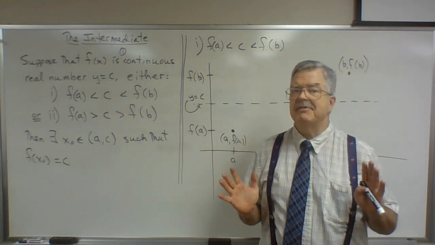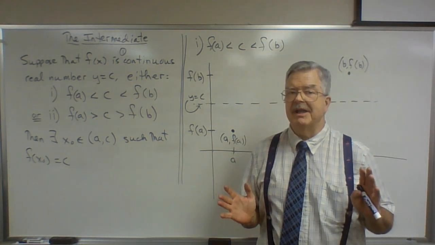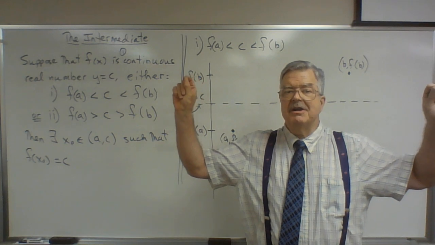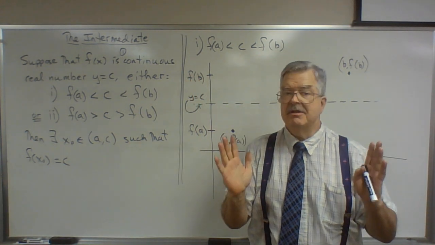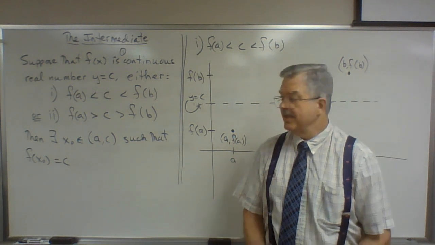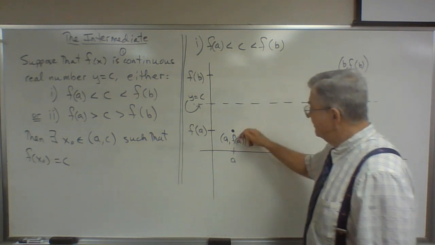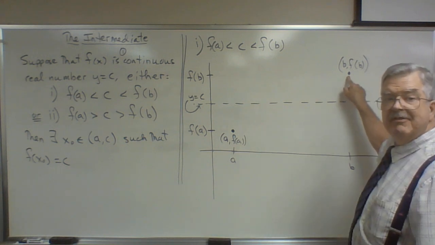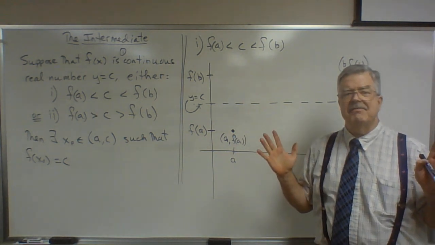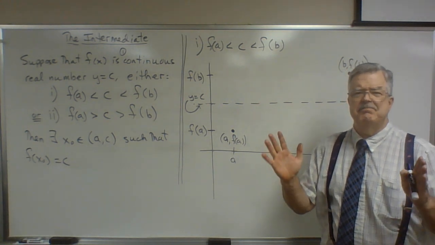Remember what the graph of a continuous function looks like. It's one long connected piece of spaghetti. There are no breaks, no interruptions. So from this point, a, f of a, to this point, b, f of b, that graph is one connected piece.